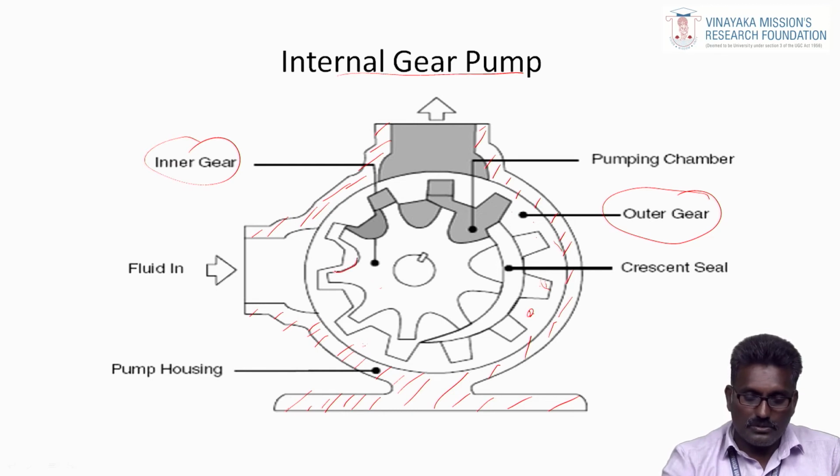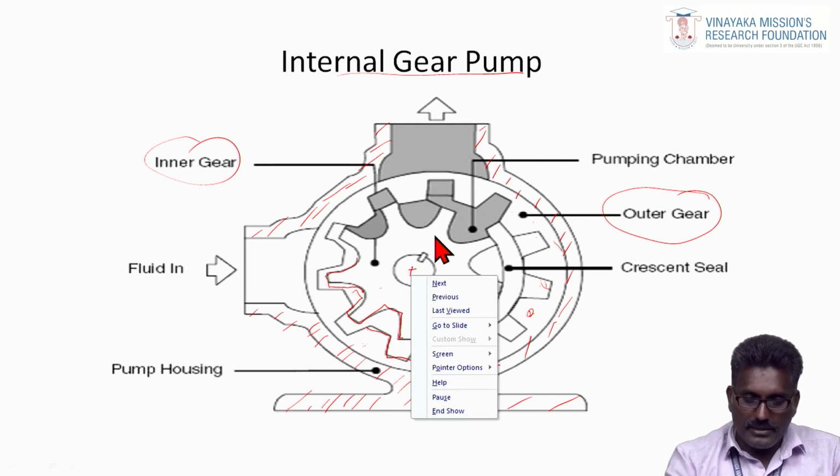You see this tooth is externally toothed, but this one is internally toothed. Two gears are used, and the inner one is the external gear.